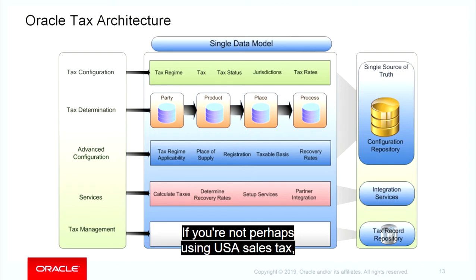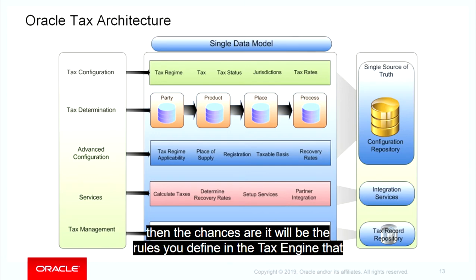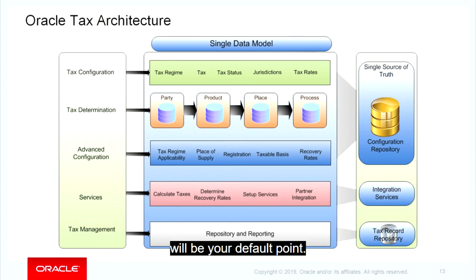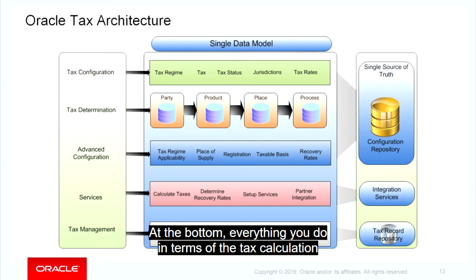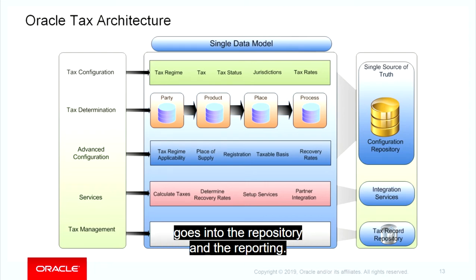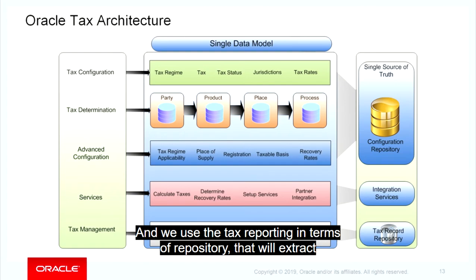If you're not perhaps using USA sales tax, but you're implementing in other countries, then the chances are it will be the rules you define in the tax engine that will be your default point. At the bottom, everything you do in terms of the tax calculation goes into the repository and reporting, and we use the tax reporting in terms of repository.